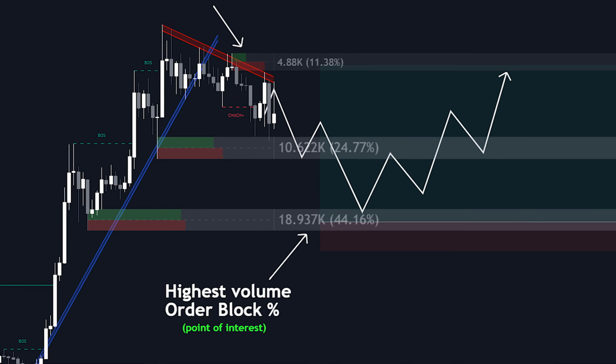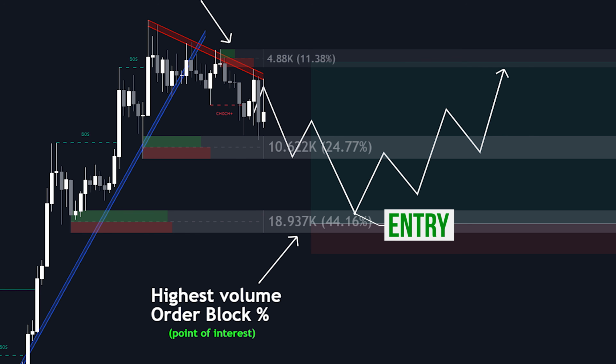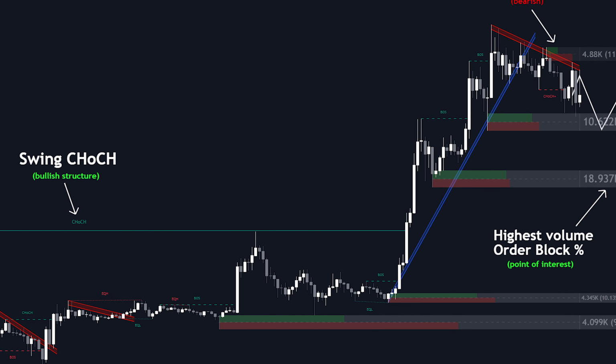For example here, using the metrics in the order blocks, we can find way better points of interest for entries, using confluence with the overall market structure. And we could also see it's overall bullish with the swing CHoCH that activated earlier.